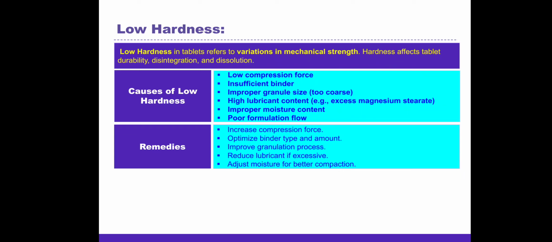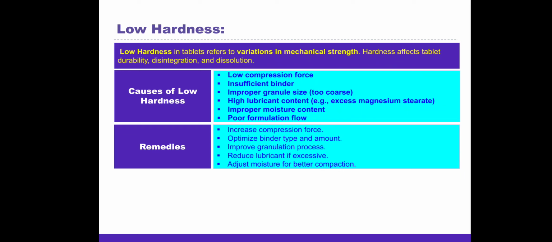As I said, this particular remedy is again related to the process development. Suppose if we are noticing that excessive lubricant is present in the formulation, then we have to take a trial, and after successful trial, validation, documentation, variation, and after approval of variation, we have to implement this particular remedy.